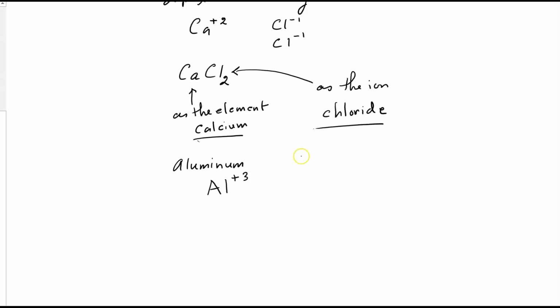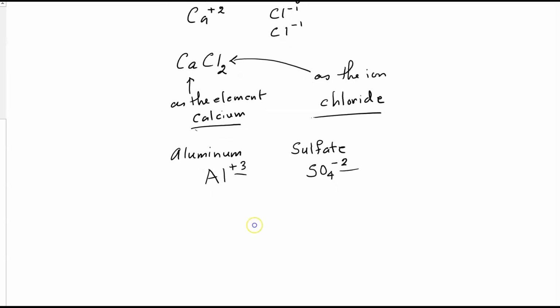However, suppose we had the polyatomic ion sulfate. The polyatomic ion sulfate, which is SO4 with a -2 charge, doesn't balance easily with respect to aluminum in a straightforward fashion. However, you can see that between the aluminum +3 and the sulfate -2, we'd have a common multiple of 6.